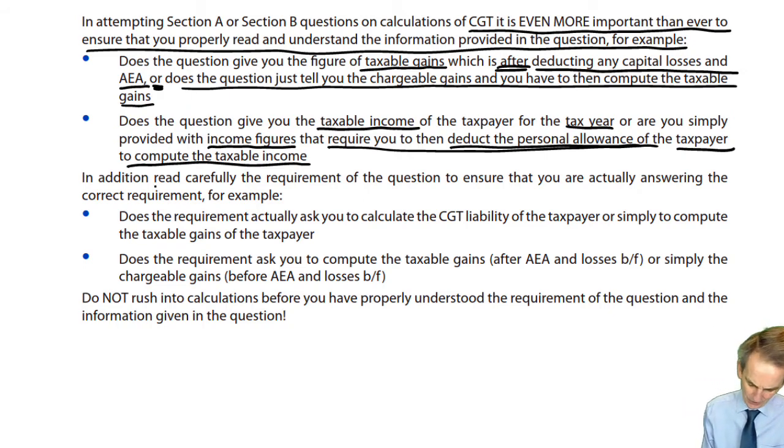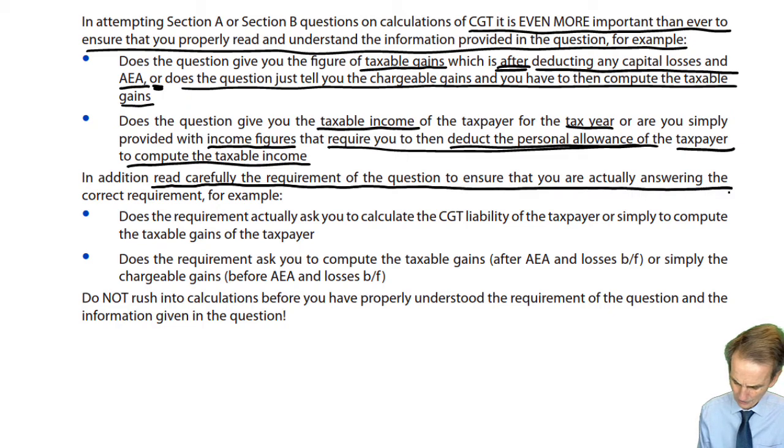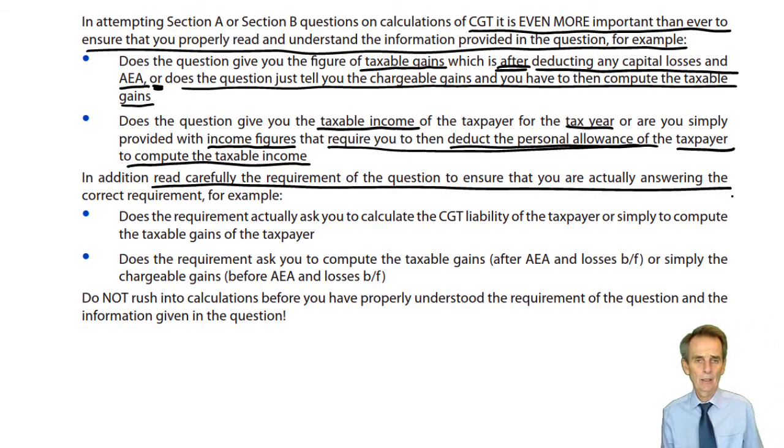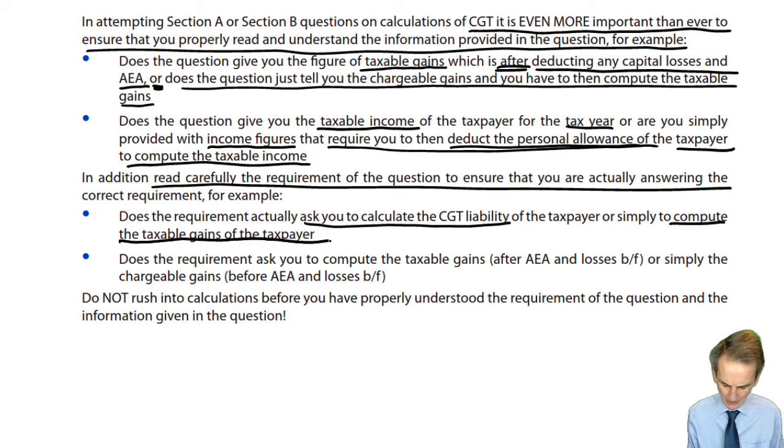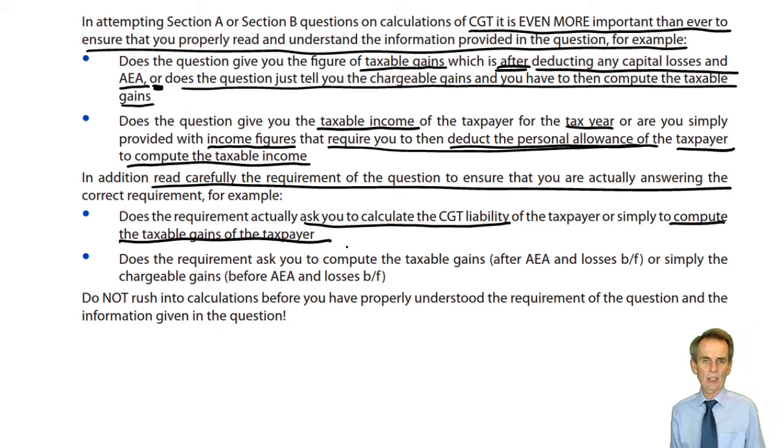In addition, read carefully, as we've said, the requirement of the question to ensure that you're actually answering the correct requirement. So, for example, does it actually ask you to calculate the CGT liability, as we'd probably expect it would do, of the taxpayer, or simply to compute the taxable gains of the taxpayer?